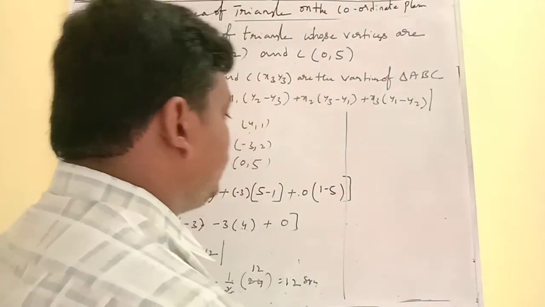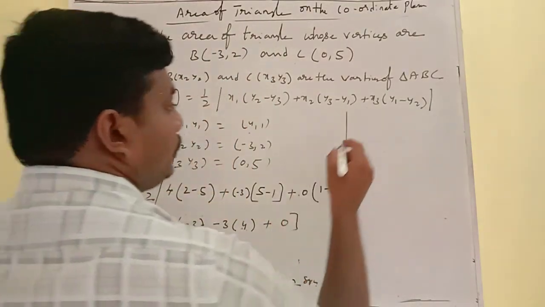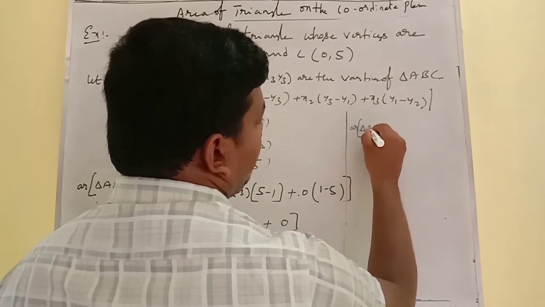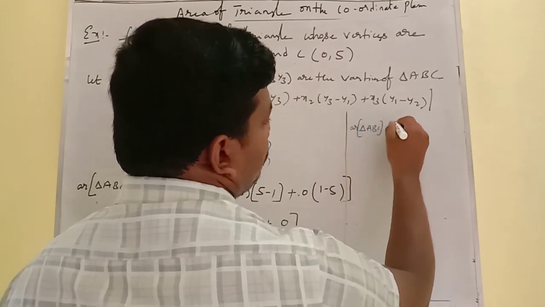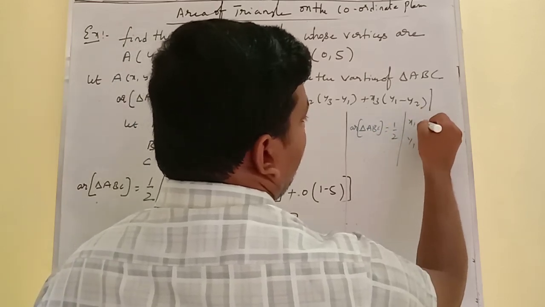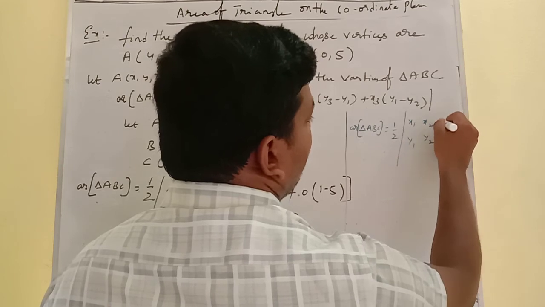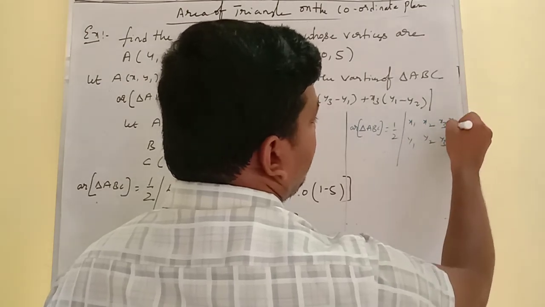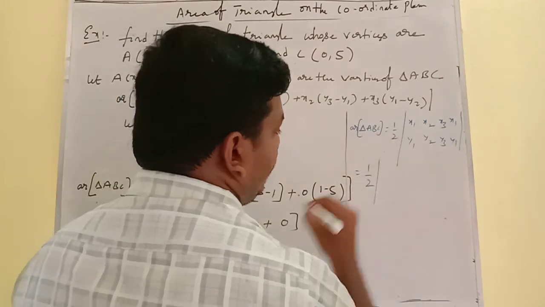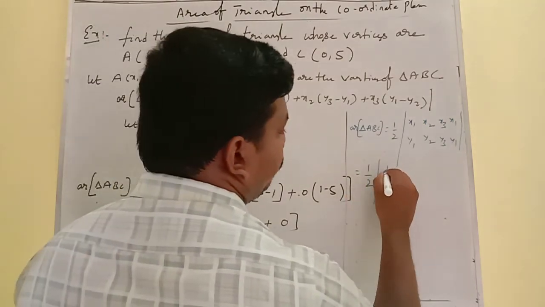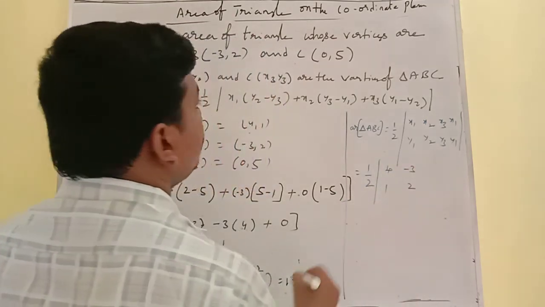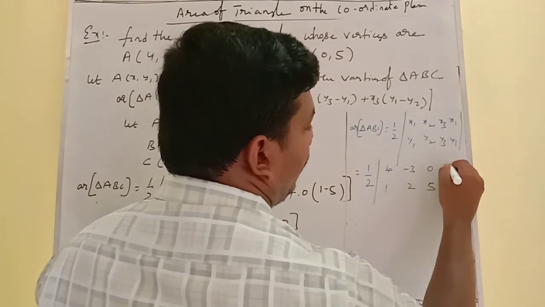Now we are going to see another method. The area of triangle ABC is half into modulus of x1 y1, x2 y2, x3 y3 and x1 y1 again. Under this formula, half into modulus of 4 1, minus 3 2, 0 5, and again 4 1.